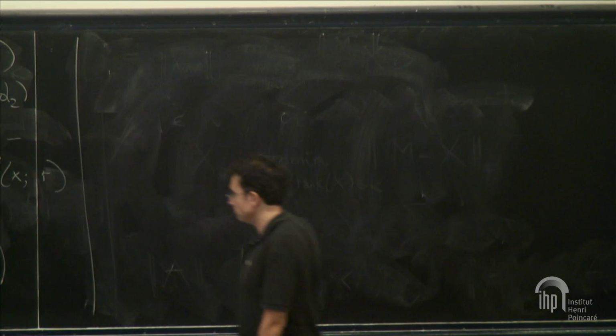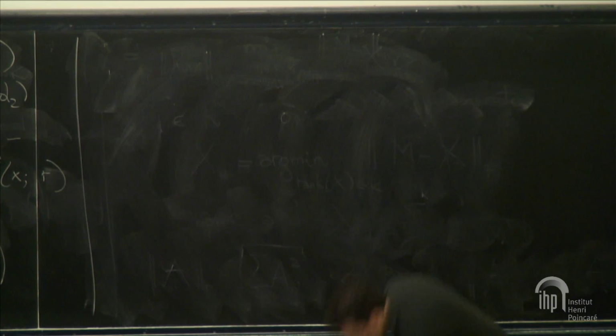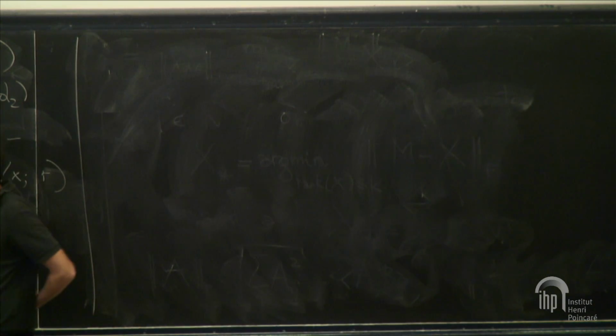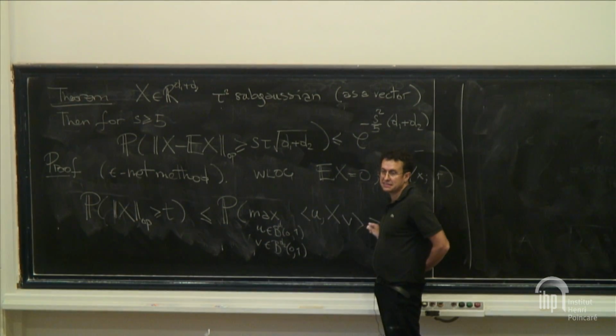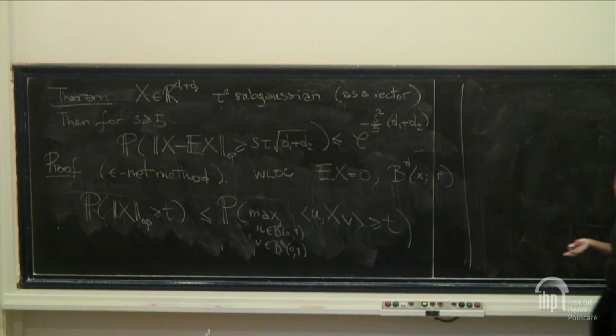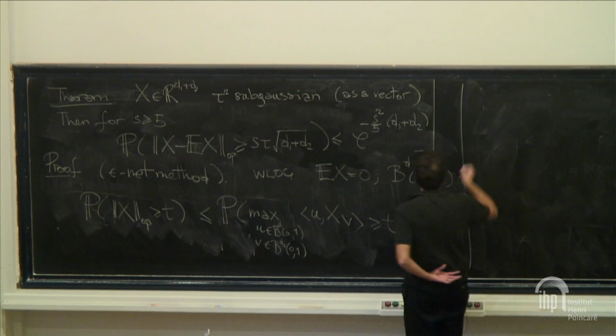Okay, fine. All right, this is great. Now, what is the probability that a max is bigger than t? It is the union of the events that any of these things is bigger than t. So there is one thing that I learned, I don't know probability theory, but I learned in kindergarten that the probability of a union is less than the sum of the probabilities.